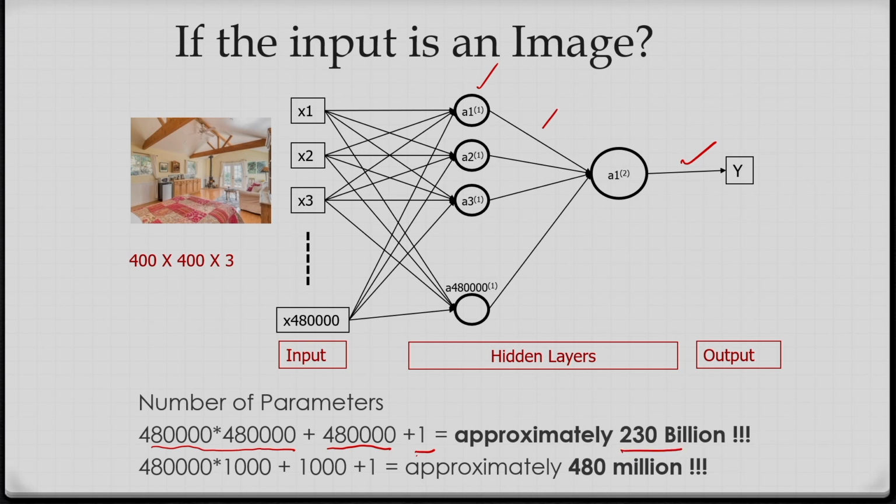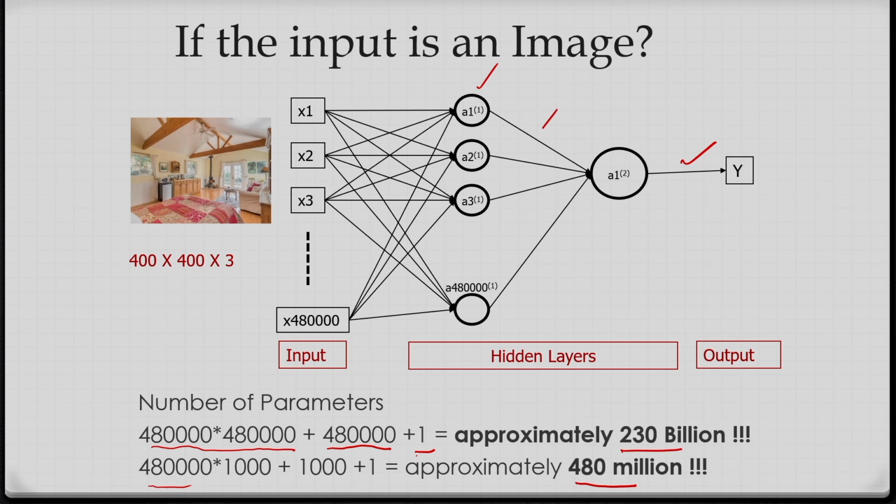And suppose I consider 1000 nodes in the first hidden layer, then you can see we have approximately 480 million parameters. You can see the number of parameters in the artificial neural network is too high.